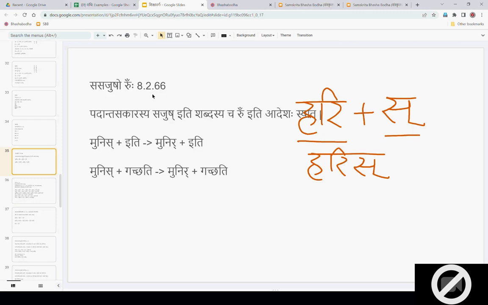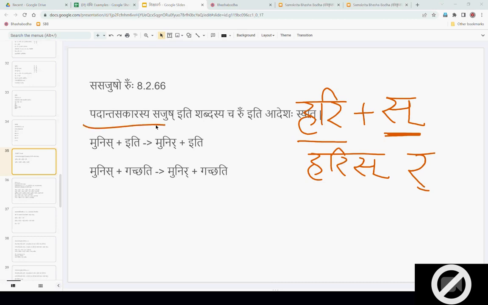That is where the S changes to R. What it says is, if the end of a word is sa, then it changes to ra.